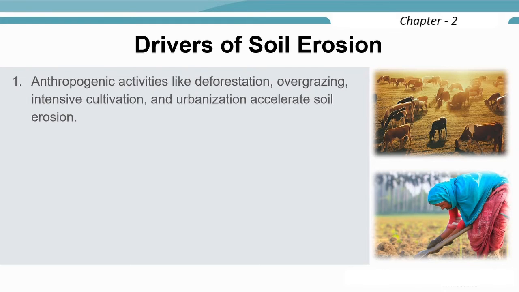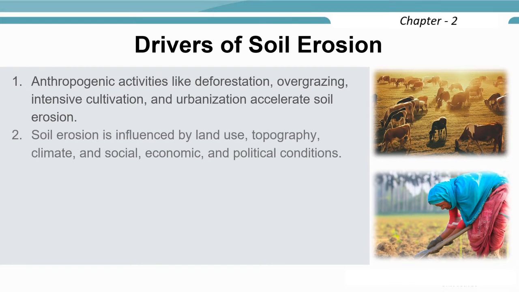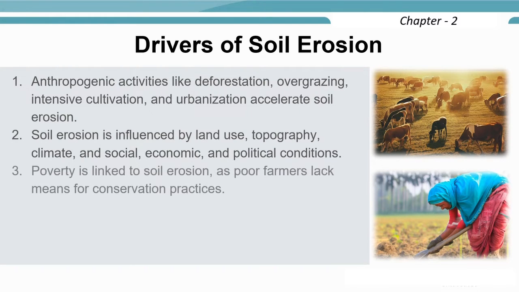Because of reduction in forest area, there has been a rapid increase in the erosion rate, because these forests are responsible for holding the soil. Soil erosion is also influenced by land use, topography, climate, and social, economic, and political conditions.